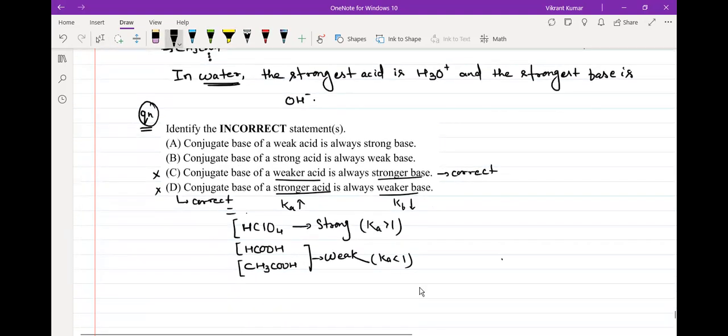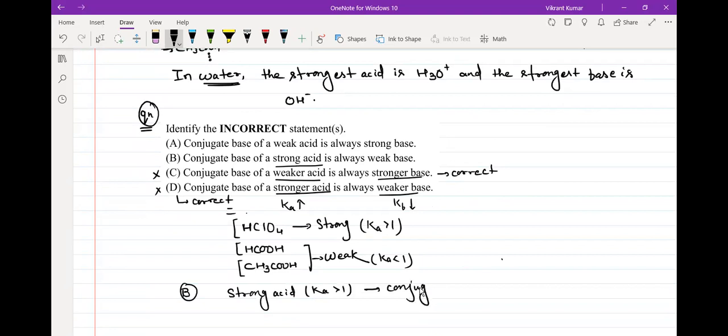Let's see B first instead of A, since we're going in reverse. B says conjugate base of a strong acid. As soon as I say strong acid, I have a K value greater than 1. If I take the conjugate base of it, we'll have Kb equals Kw upon Ka.